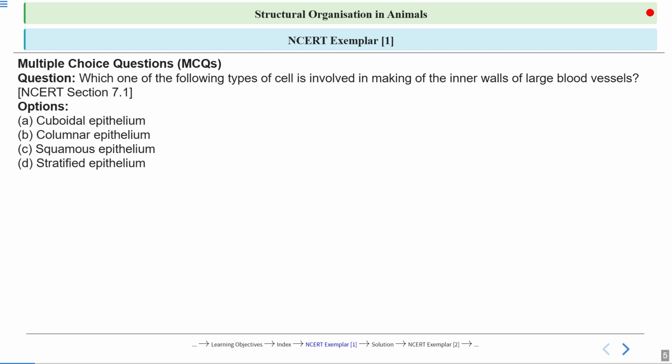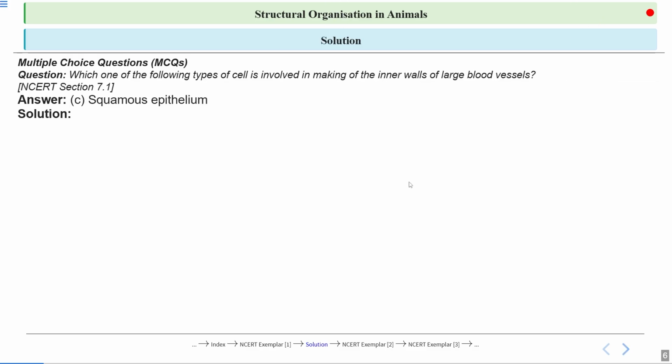Let us see the answer of this question. So the answer is option C, squamous epithelium, right? Let us see the explanation part.